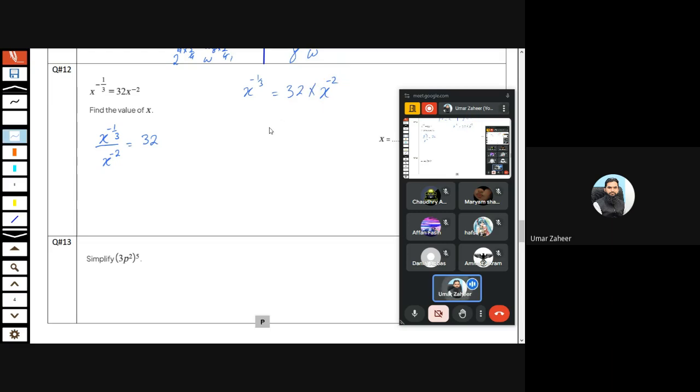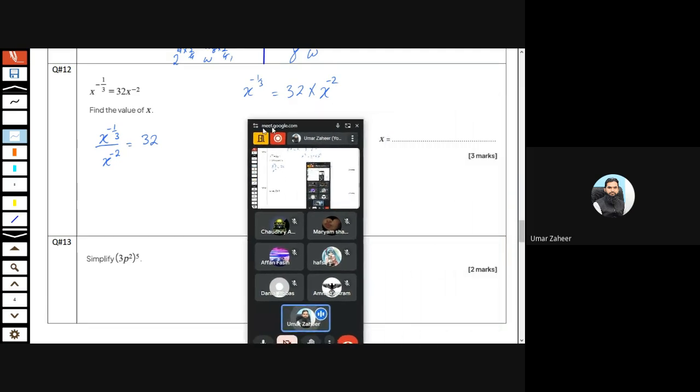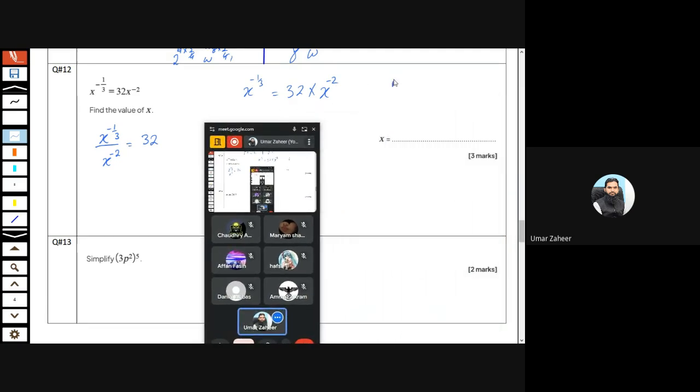Okay, we did not do the equation, but it's a very basic rule of equations that if something is adding on the one side of the equation, so on the other side it is subtracting. If it is subtracting, so on the other side it is going to be adding.